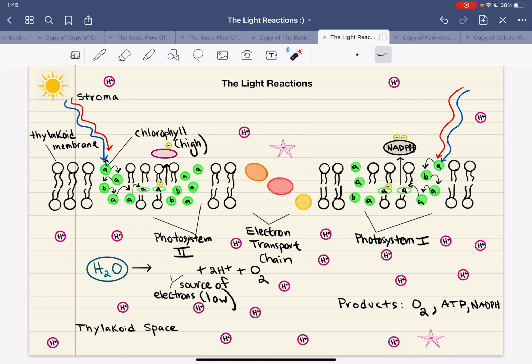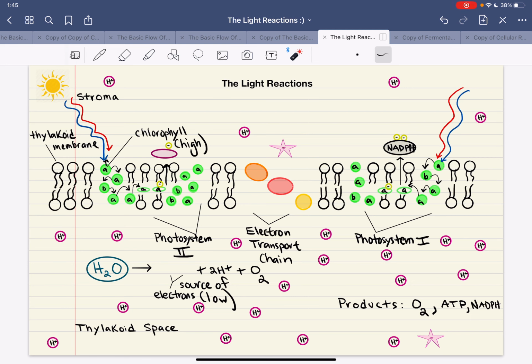So that's where. Third, and most importantly, why is the plant doing this? How is this going to help us produce glucose? The answer to that question is this. We just produced high energy electrons that are now being carried by NADPH.